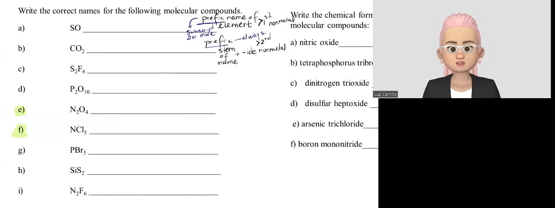So let's go over letter E. As you can see, we have 2 as the subscript for nitrogen. So when we name that compound, we say di, because of the subscript of 2, and the name of that first nonmetal is nitrogen.